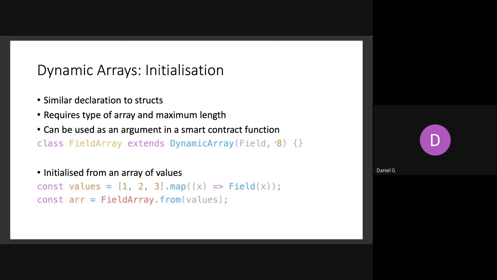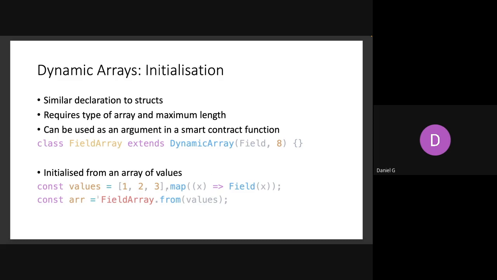But the good thing is you can use it inside of smart contracts and pass it in as an argument to your function. Here you can see an example of how such a dynamic array would be initialized. I just have a simple array of 1, 2, 3, of type Field.